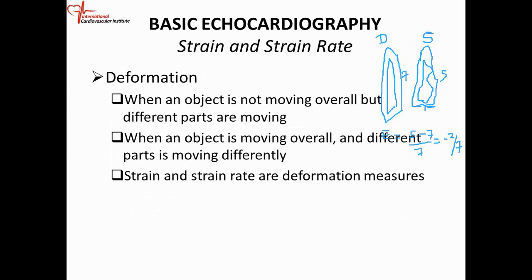So again, as we say, in systole, the base moves up towards the apex. So the heart is deformed. Okay. So the broad definition for deformation is when an object is not moving overall, but different parts are moving, and the heart satisfies that criteria.